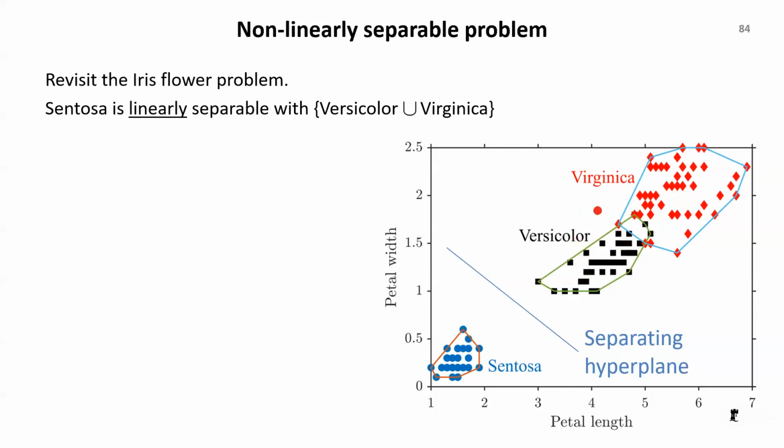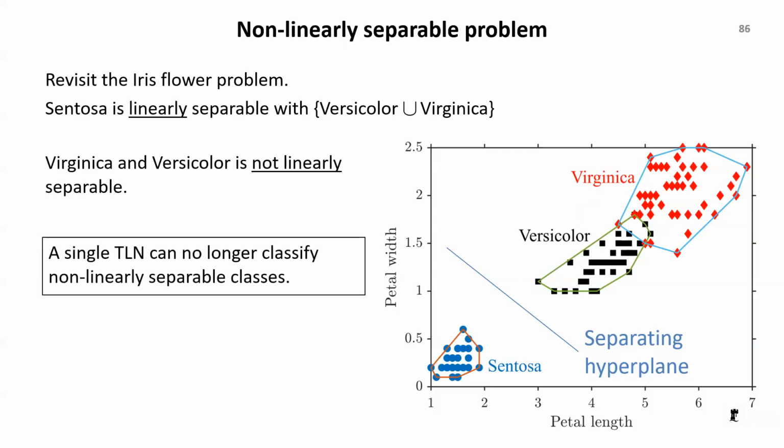However, versicolor and virginica are not linearly separable because we already discussed the convex hull of versicolor is not disjoint with the convex hull of virginica. So we cannot use a perceptron or a single threshold logic neuron to classify between the two because we cannot draw a straight line between them.